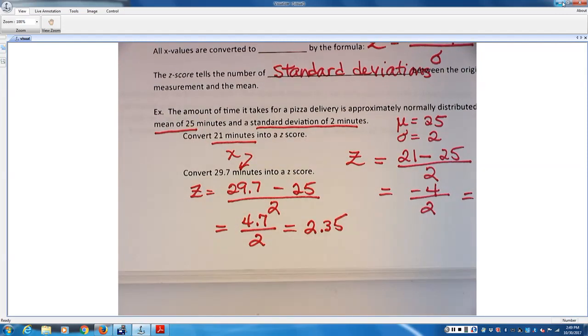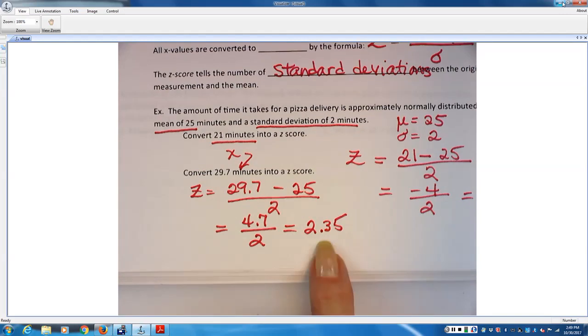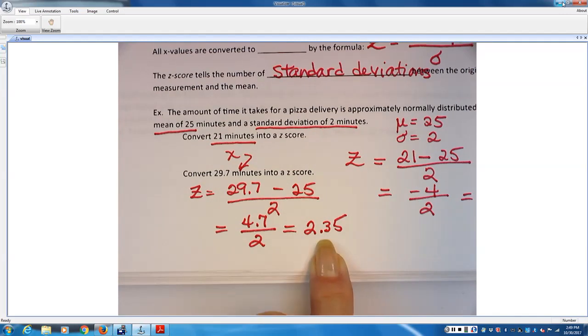So they are 2.35 standard deviations above the mean. They are really fast. They're pretty far from the mean, but these delivery guys are fast, so they might get a bonus. Okay? If you can deliver it that fast, then that's a lot faster than the normal time. You should get a good tip. Okay?